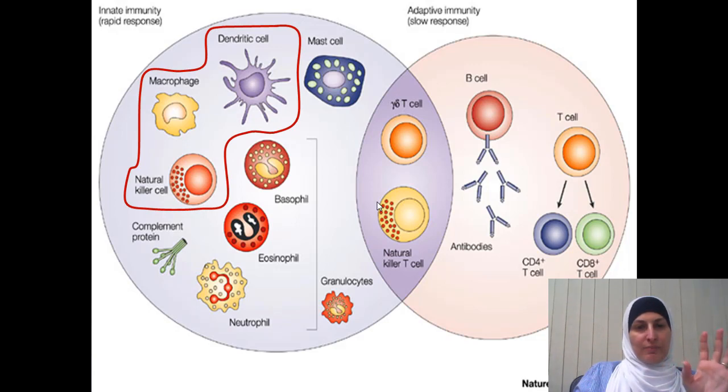The natural killer cells, macrophages, dendritic cells, and actually all these cells, particularly those three, would interact directly with the B cells and T cells to stimulate them and to create the adaptive immune response.